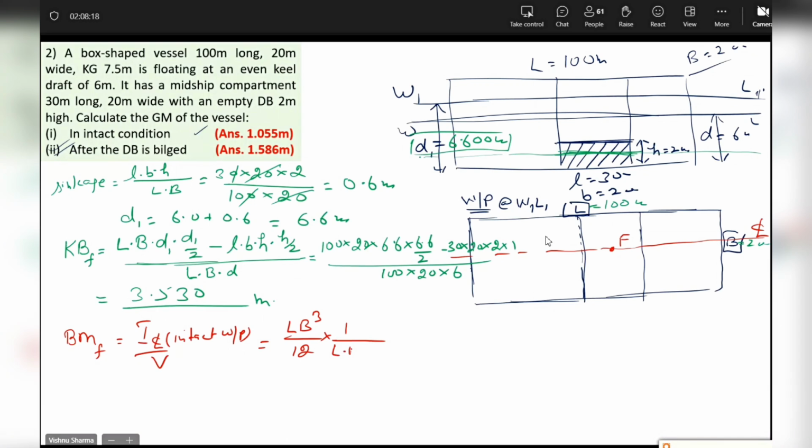So LBD. B square upon 12D, which is equal to 20 square upon 12 into D, which is 6. How much is the BM we are getting, guys?